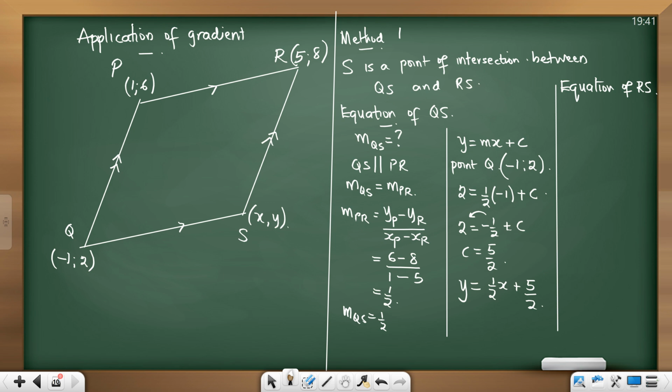Let's see quickly if we get this done. Take your time, get it done for me. So we've applied our first rule of gradient. Equation of RS. Okay, it's also a positive line.